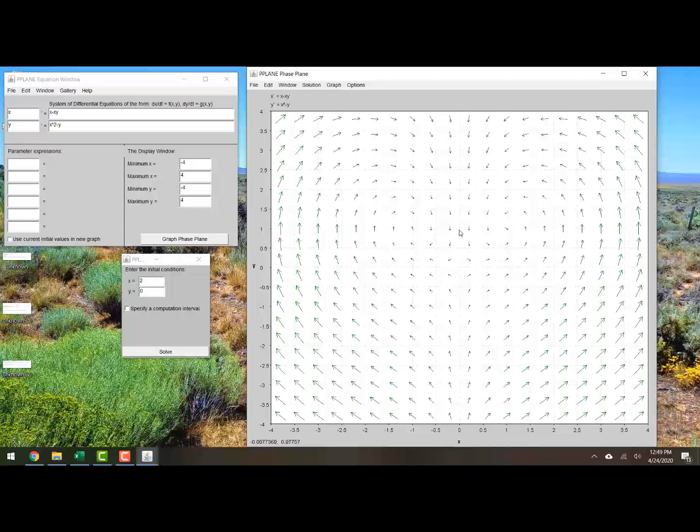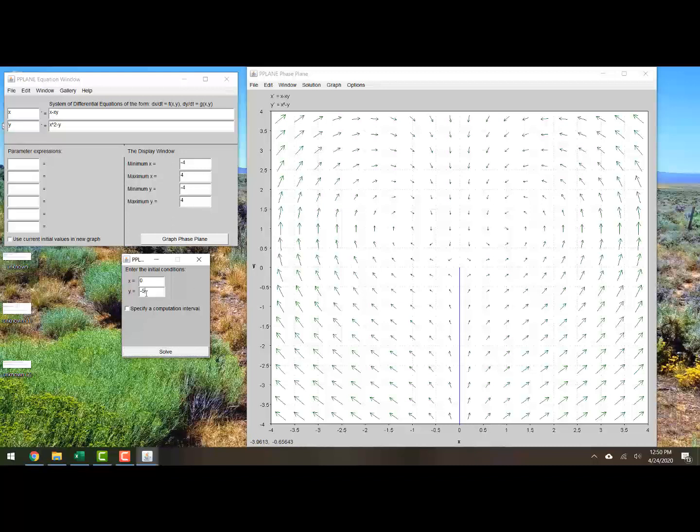If you were to, let's pick a point that's on the nullcline x equals 0. So let's say that x equals 0 and y equals -5 to start, and say solve. Notice that solution started off the image, but it approached the equilibrium point and sunk into it.